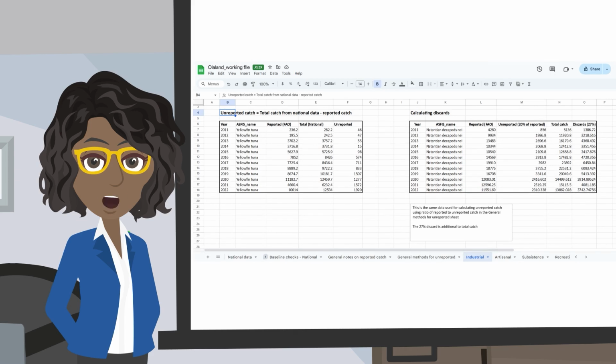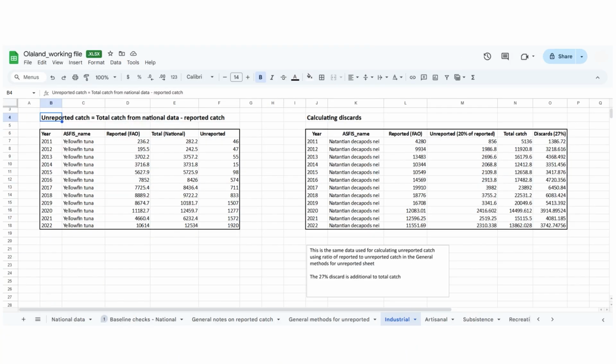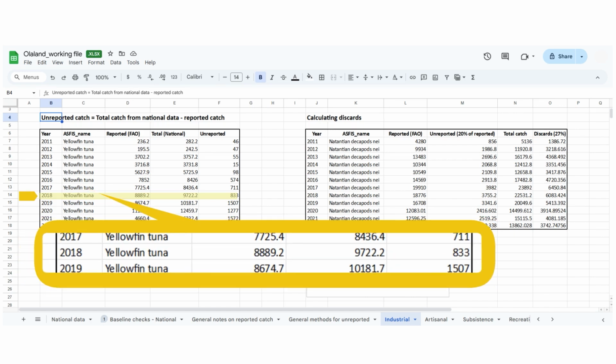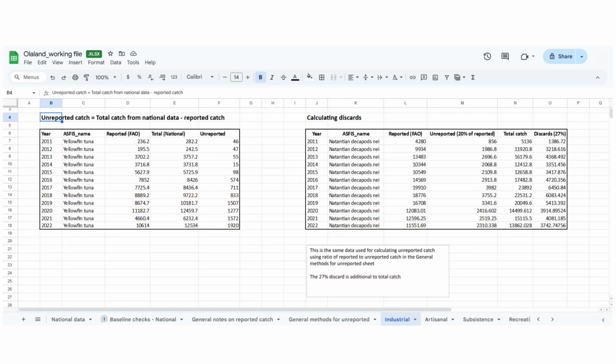For example, I compared the national and FAO data for Olalan's yellowfish tuna catches from 2011 to 2022 and found that the FAO data are lower than national data as catches by semi-industrial gears were not included in the FAO data.